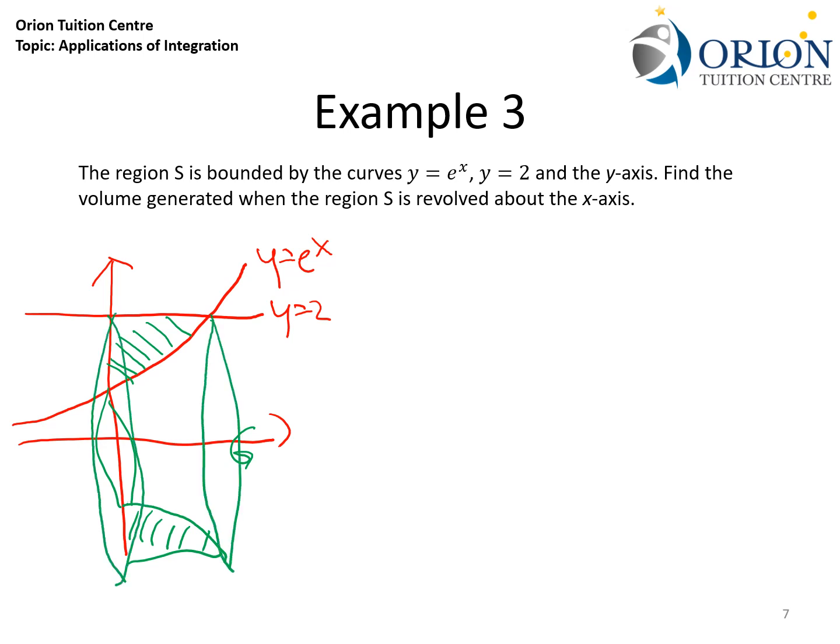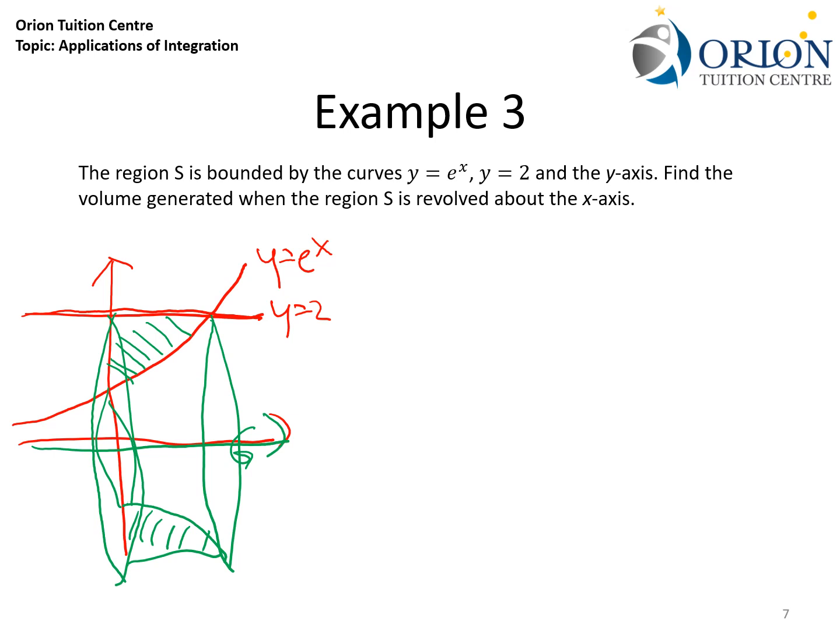And we can quite easily see that this volume of revolution does not contain the x-axis. And therefore, in order for us to find out the volume of this solid, we will have to do a subtraction. The outer curve in this case is the line y equals to 2, which when we revolve will give us a cylinder. And therefore, we can simply make use of the volume of a cylinder instead of integration to find out the volume of this cylinder before we subtract it by the volume generated by the exponential graph.